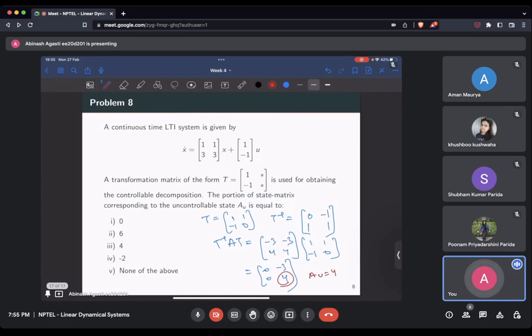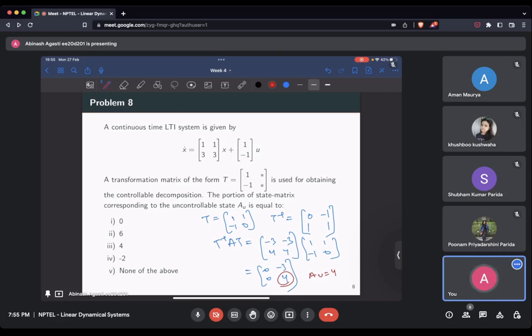Why do you think that is happening? Sir, multiplying makes everything cancel out, maybe. No, the thing is, since the order of the uncontrollable part is 1, it has to be equal to the eigenvalue. And the uncontrollable eigenvalue will remain the same no matter what transformation you use, since eigenvalues are preserved under different transformations.